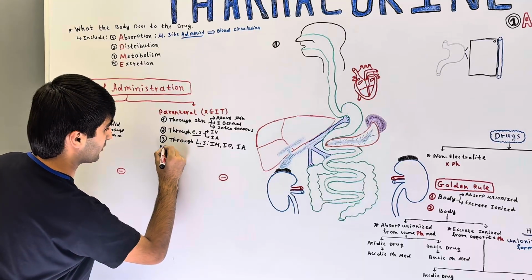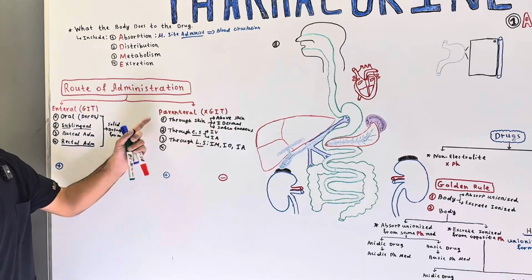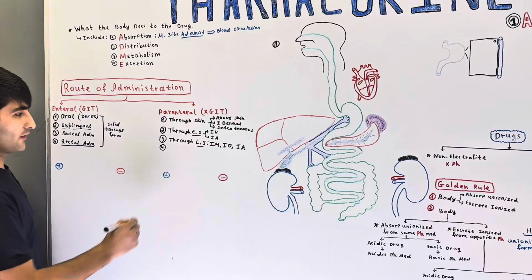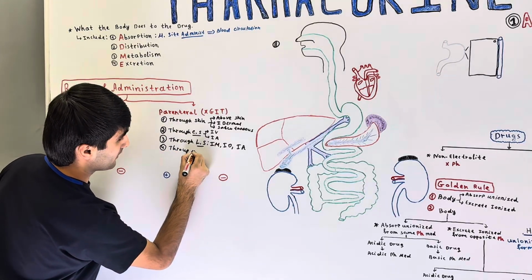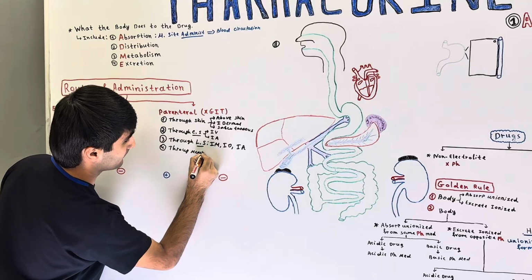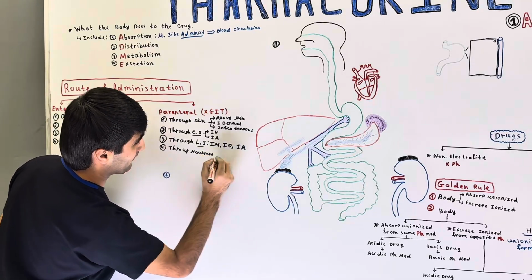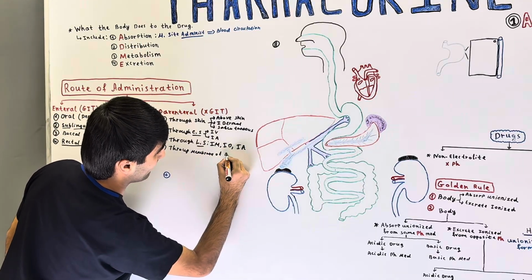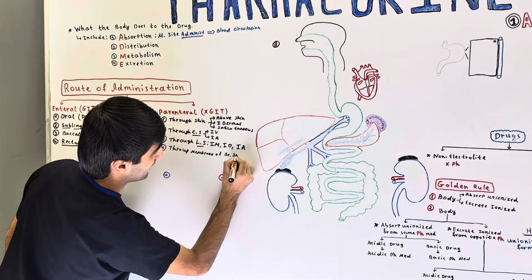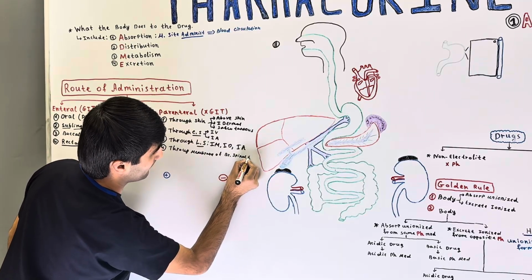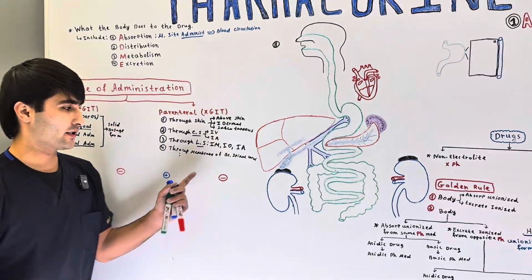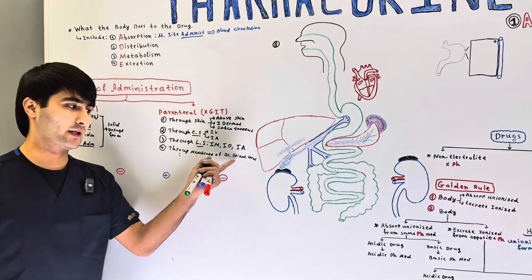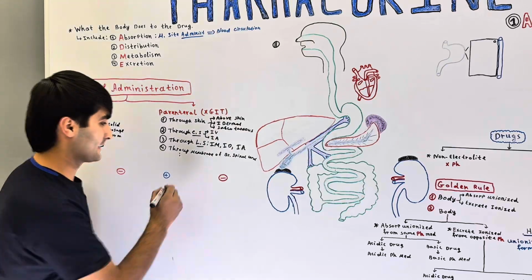So let's talk about the next type of parenteral administration. The drug can be taken through the membranes of the brain and spinal cord. Which types of administration go through these membranes?